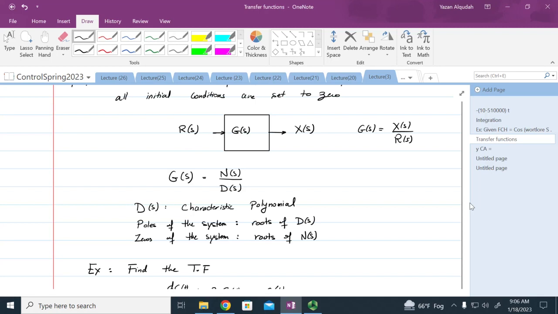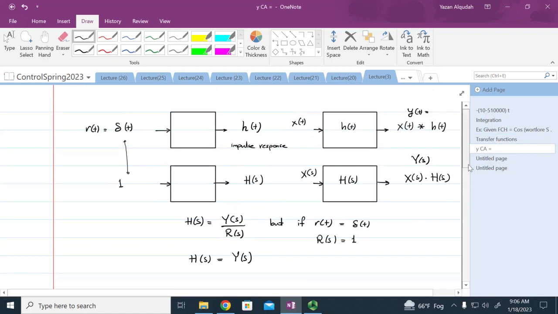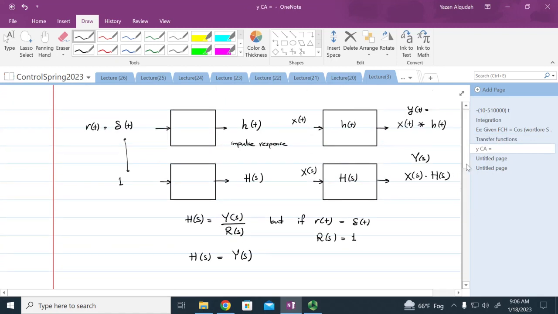If I take h of t, the impulse response, and take the Laplace transform of it, it's going to give me the transfer function, h of s. H of s is y of s over the input. This is the transfer function, isn't it? What is the inverse of h of s? H of t, which is the impulse response.